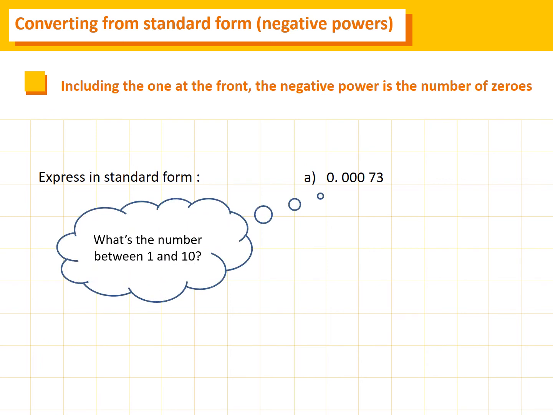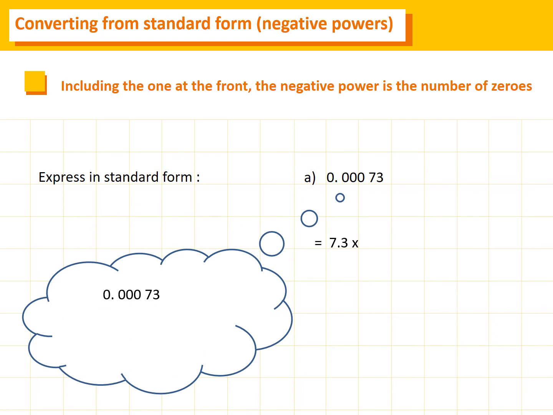The first thing we consider is what will be the number between 1 and 10 in our standard form. Well, it would have to be 7.3. And then we look at the number of zeros. 4 zeros will give us a power of 10 to the negative 4.